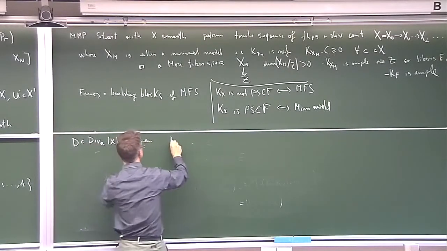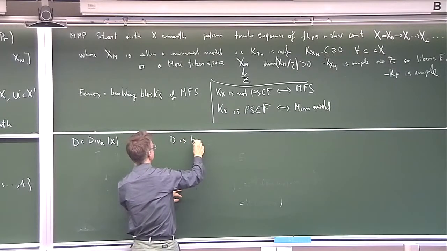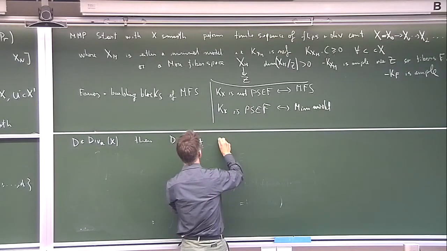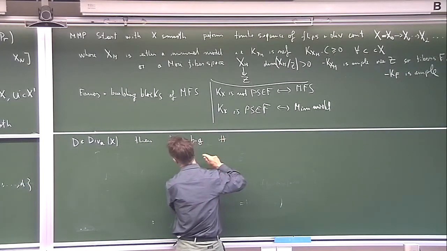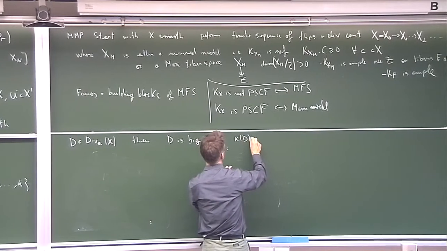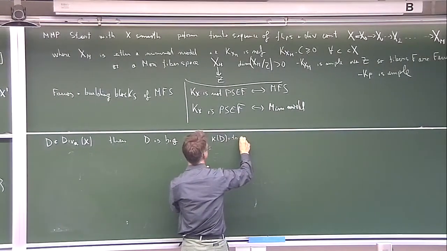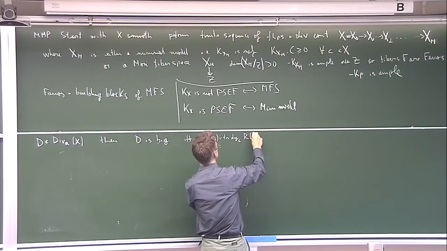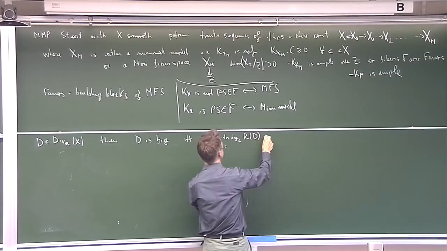Then we say that D is big. Let me write down two possible definitions. So one definition is that the Kodaira dimension of D, we remember this is the transcendence degree over the complex numbers of the section ring associated to divisor D, minus 1.